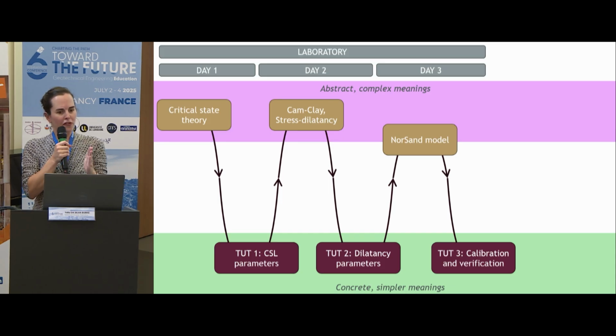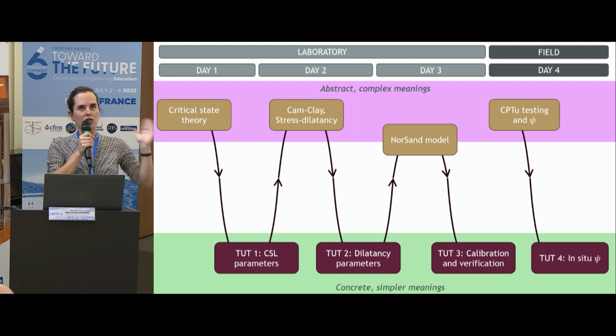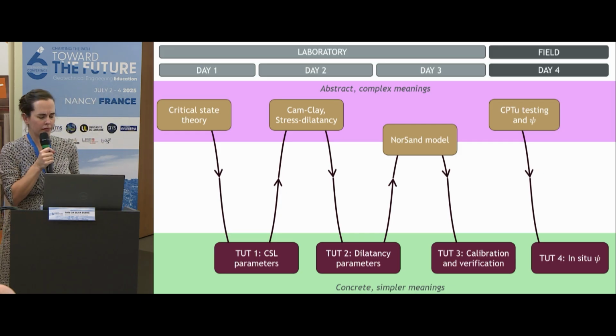You can see for the first three days, we start at the top and then we go down, and then the next day we start at the top and we go down again. And then with the field testing, there's a bit of a break. It's not continuous, because we now approach the problem from a slightly different angle, so we start again.